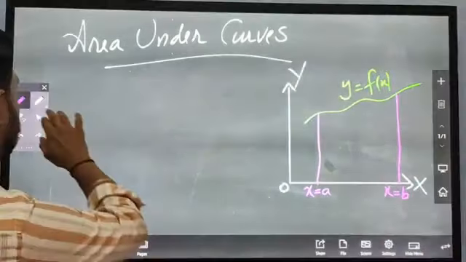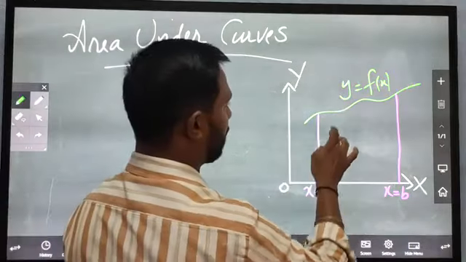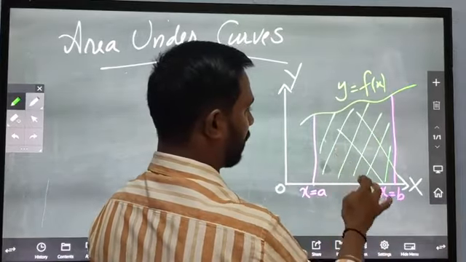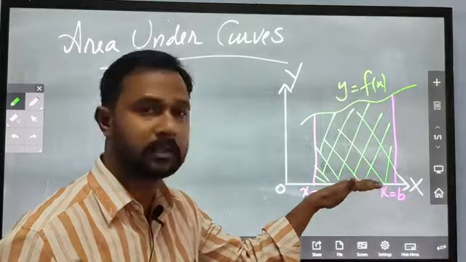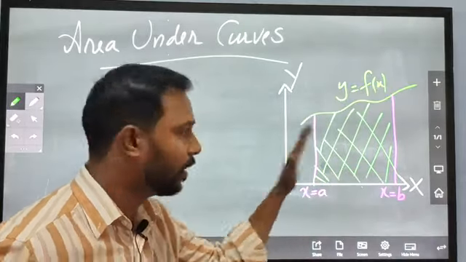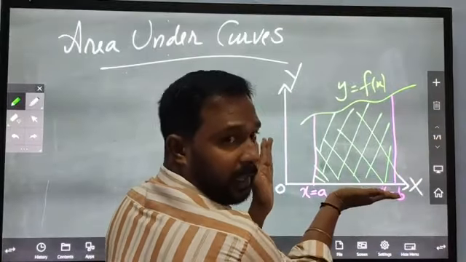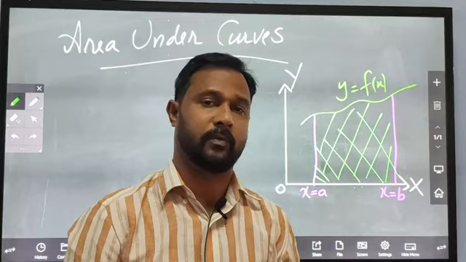What we need to find is the area in between. Clearly, this is the area under this curve from x equal to a up to x equal to b with x-axis. The area is bounded on all four sides.